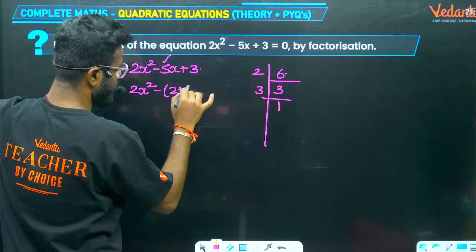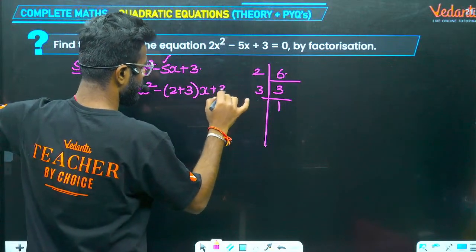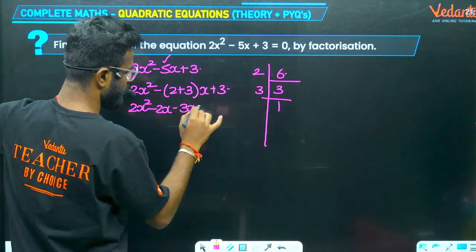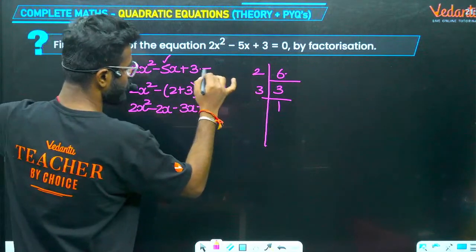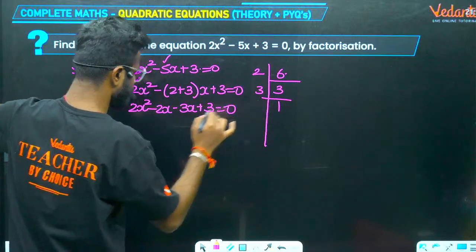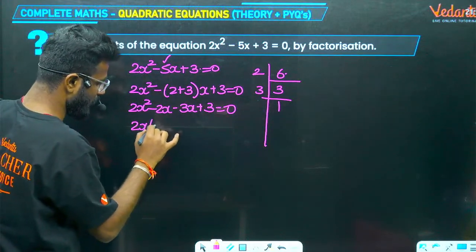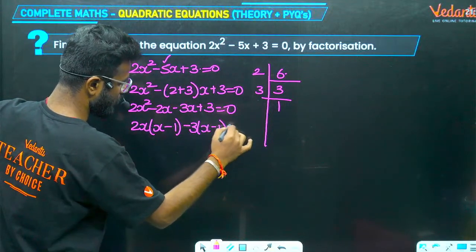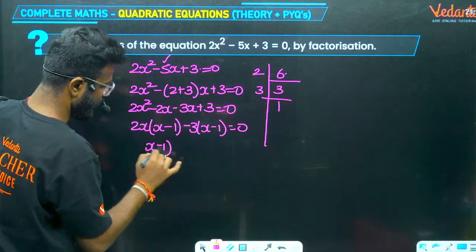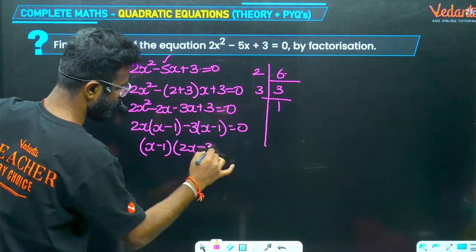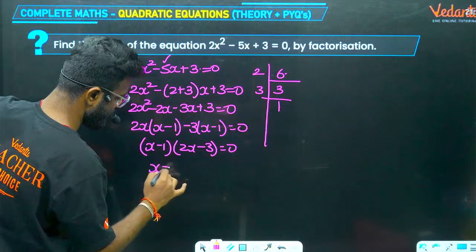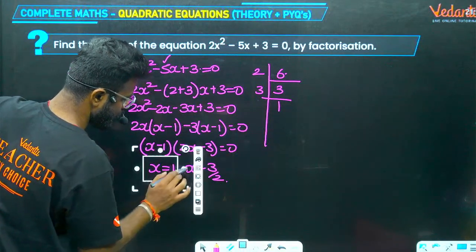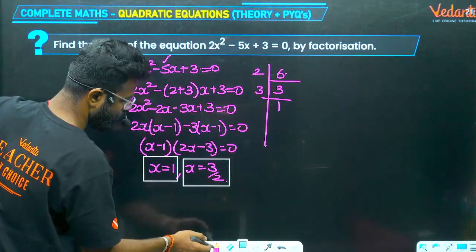Minus 2 minus 3. 2x square minus 2x minus 3x plus 3 is equal to 0. 2x is common. 2x(x minus 1) minus 3(x minus 1). So (x minus 1)(2x minus 3). X is equal to 1 and x is equal to 3 by 2. These are the required two roots.